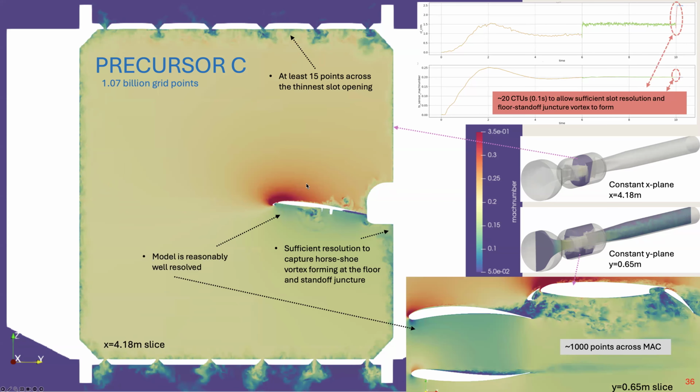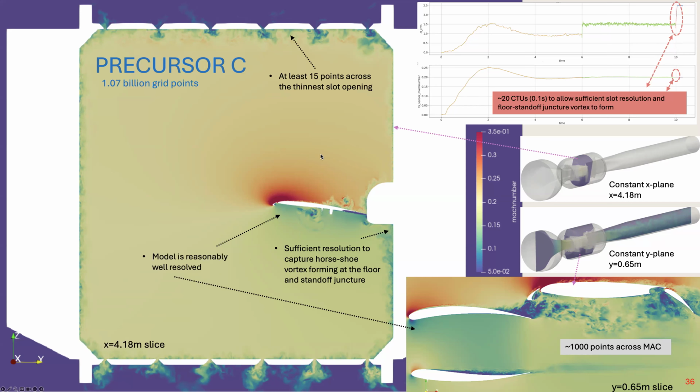And precursor C, the whole idea is focusing on the dynamics between the test section and chamber through these holes. We put at least 18 points, and that's the circle shown here. And that model is reasonably resolved, 1,000 points across mean aerodynamic chord.